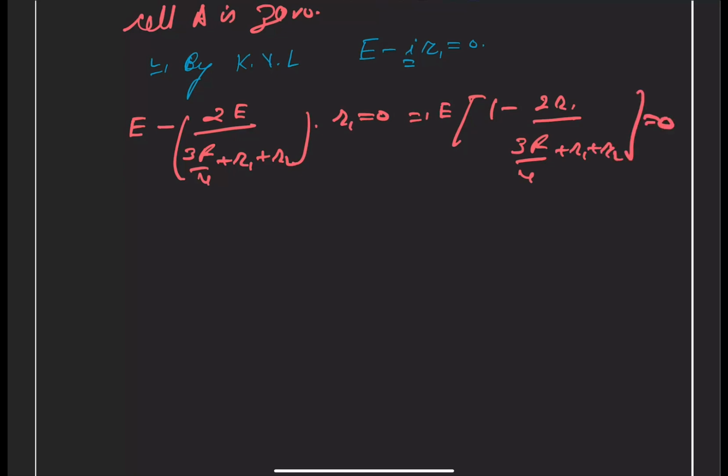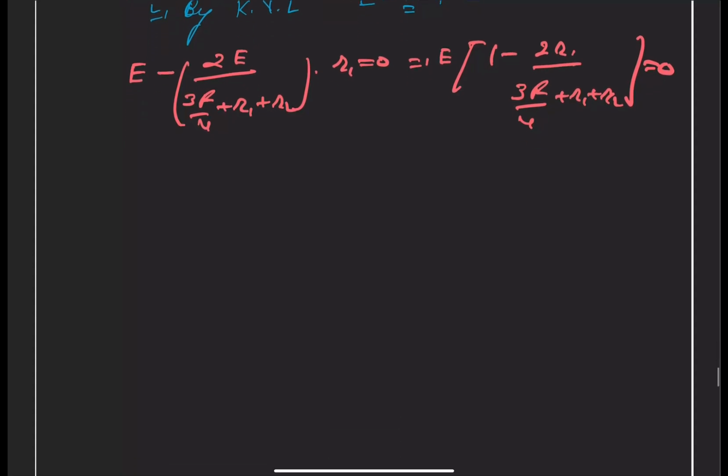Now the EMF cannot be equal to 0, so the second part of the equation must be equal to 0. So 1 minus 2R1 divided by 3 by 4 R plus R1 plus R2 is equal to 0, which can be further written as 3 by 4 R plus R1 plus R2 minus 2R1 is equal to 0.